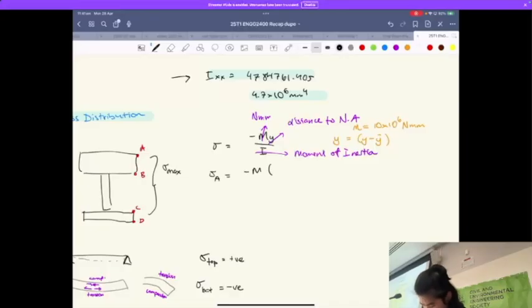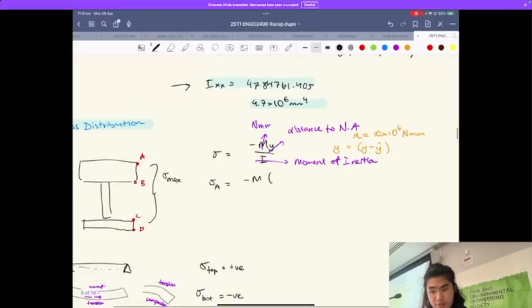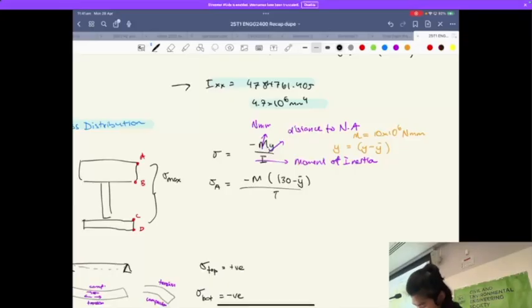And it will be 150, I believe. 130. Oh, wait. Oh, okay, my answer's wrong. 130 minus y bar over Ix.